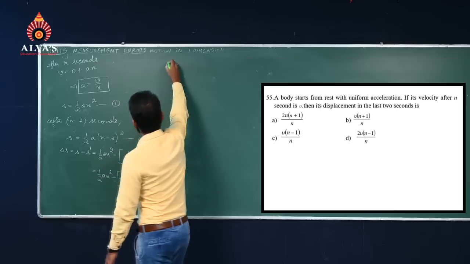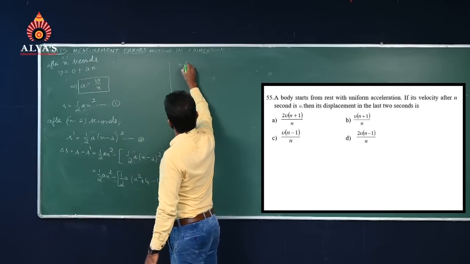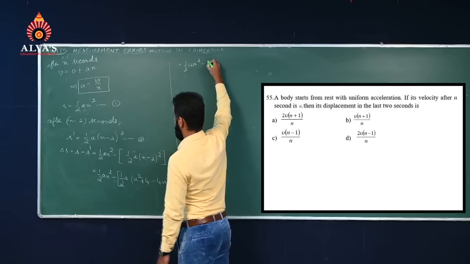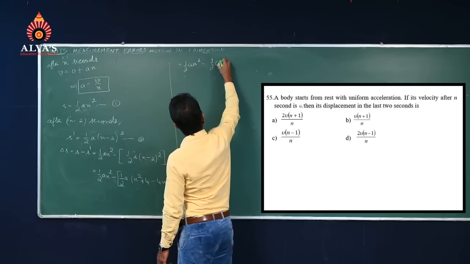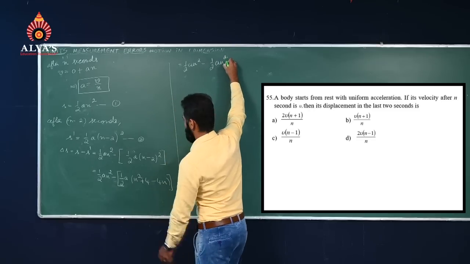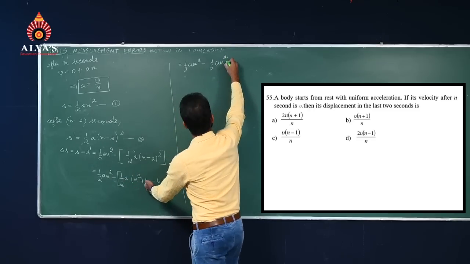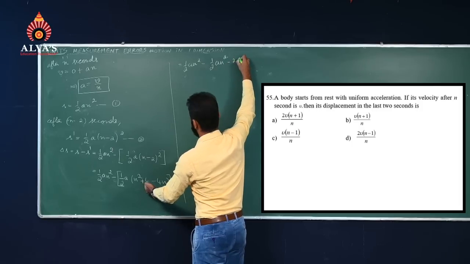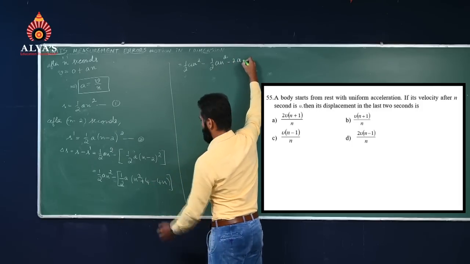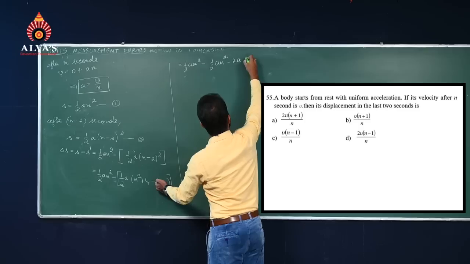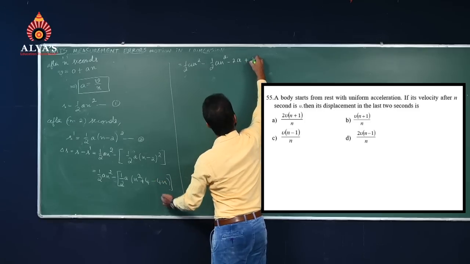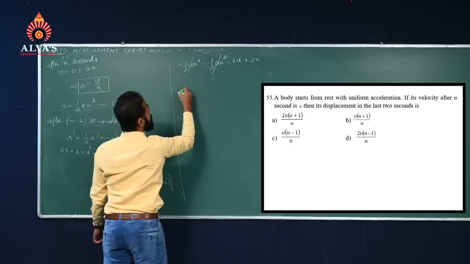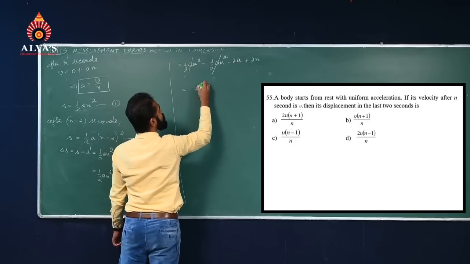Now multiply inside, we get half a n square minus half a n square. So this minus and this minus, that will become minus 2a, then minus of minus will become plus 2an. So these two quantities cancel.